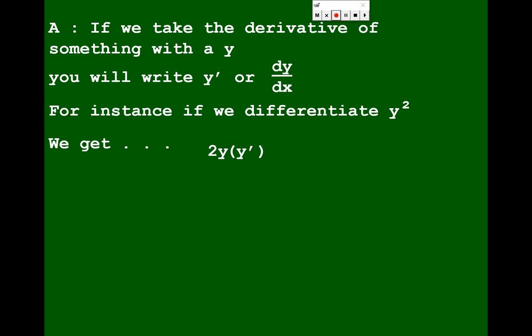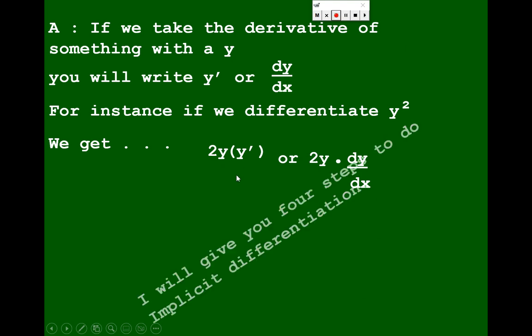It doesn't depend on anything else. Y depends on what x is. So we have to put y prime there because the change of y is something different. You could write this, or I prefer writing 2y times dy dx. It just looks fancier and more mathematical. But you could choose. Some people like this because it's easier.